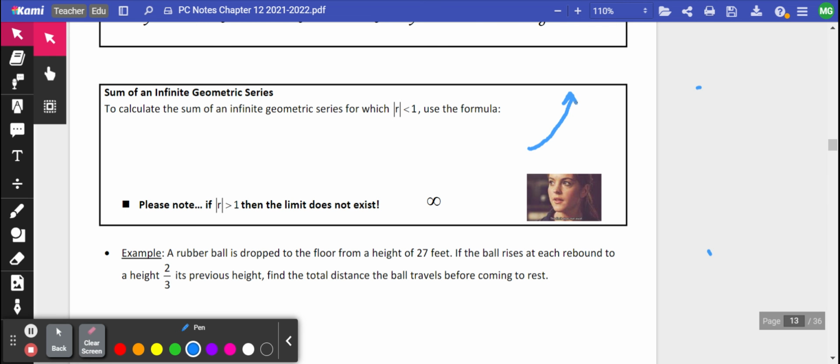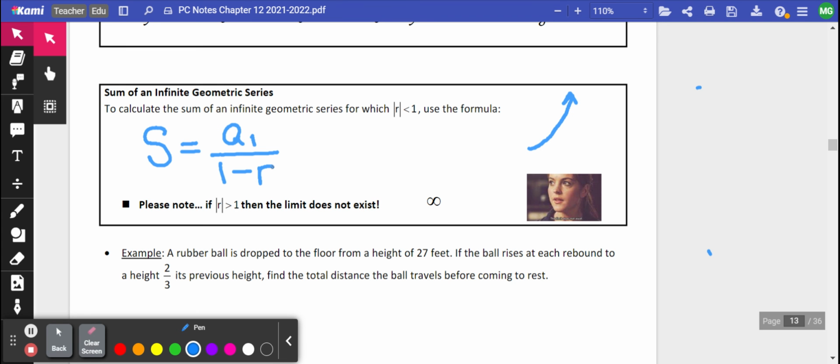So how can you calculate the sum? It would go to infinity. You wouldn't be able to calculate it. So this rule will only apply when the absolute value of the common ratio is less than 1. And the formula will be a very simple S equals a sub 1 over 1 minus r.